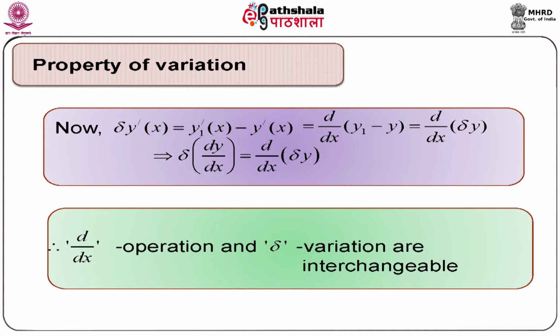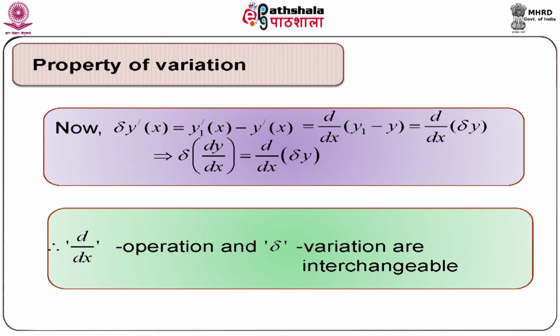Property of variation. If we consider the derivative of the variation of y of x, that is delta y dash x, then delta y dash x equal to y1 dash x minus y dash x equal to d dx of y1 minus y.